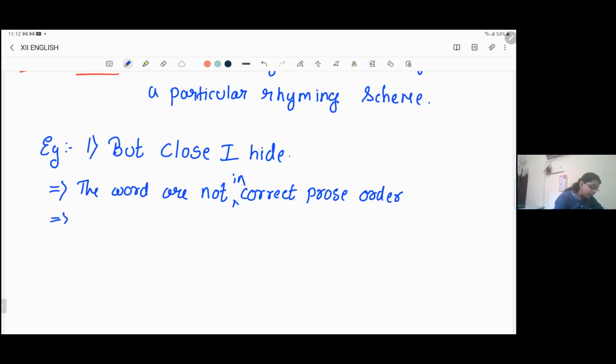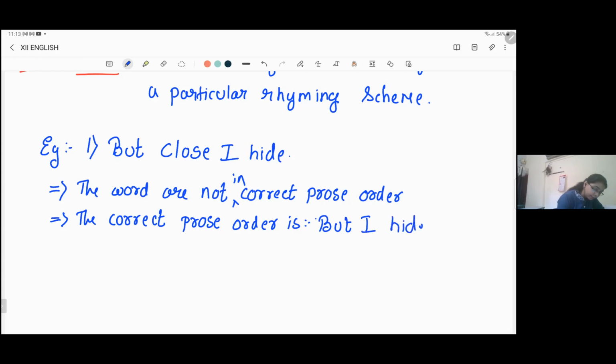Then again you will write the correct prose order: Yes, but I hide close.